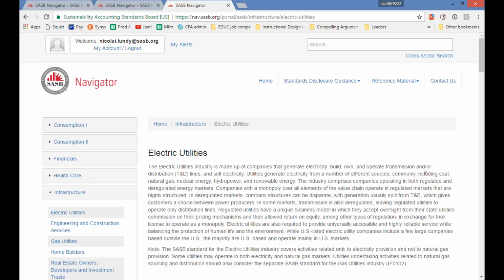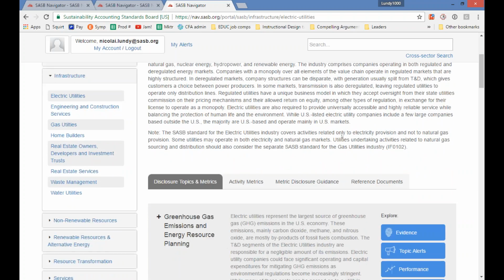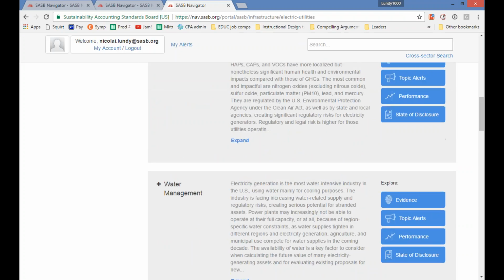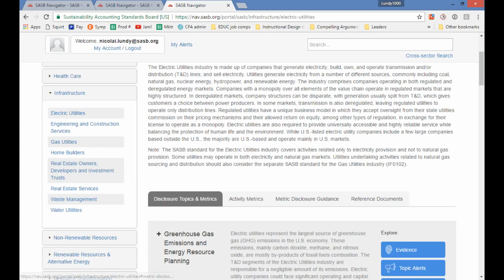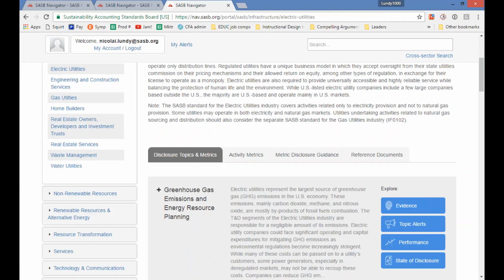And so when you need to know what the SASB topics and metrics are, it's really easy to figure it out with that click of a button. This gives you an overview of the industry, but then as you scroll down, you see these are the topics that emerged from the 12 to 15 month process that SASB conducted to identify the sustainability topics most likely to have material financial impact on companies in this industry.